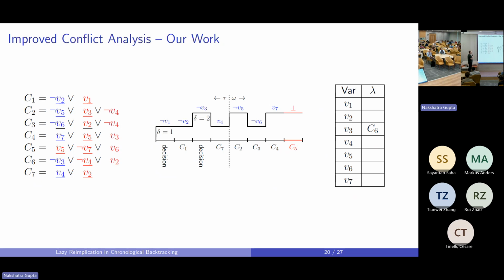Therefore, you will backtrack to level 0. So reimplying v3 and asking the SMT solver also to update its internal state would be a bit of a waste of time in this case. You mean the SMT solver would need to work less to adjust itself, right? That's the intuition. We would like to experiment and check this empirically, but that would be the idea. Okay, thanks.